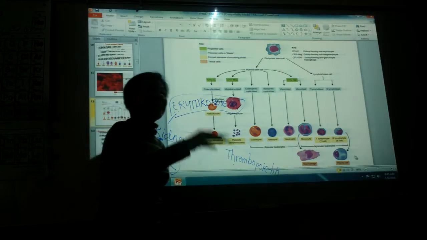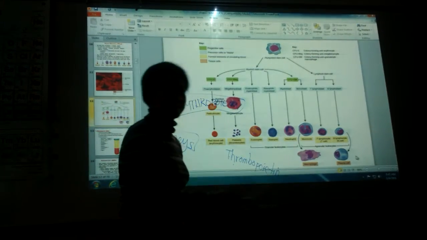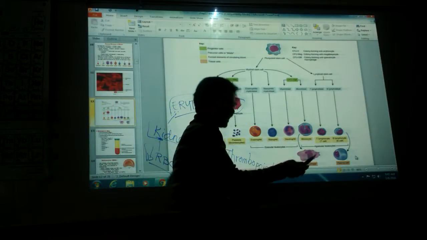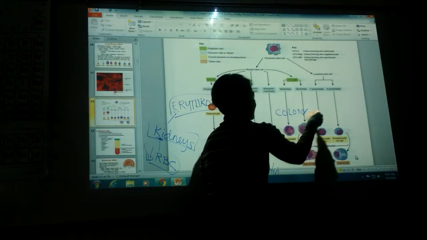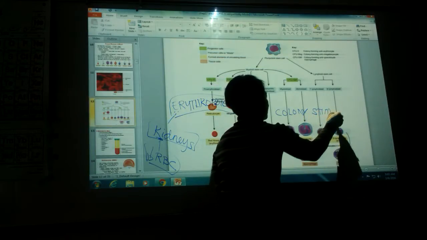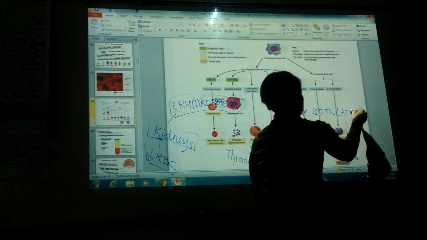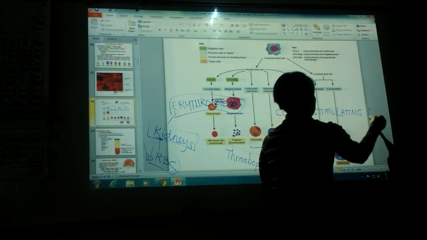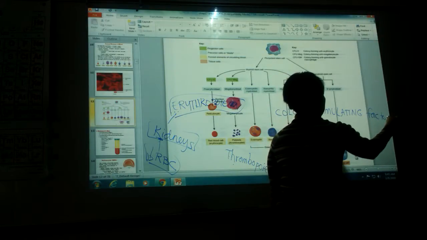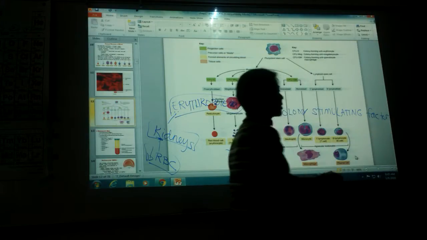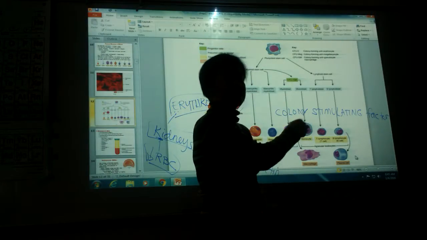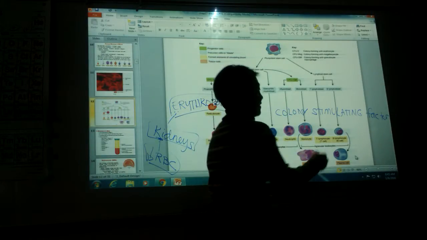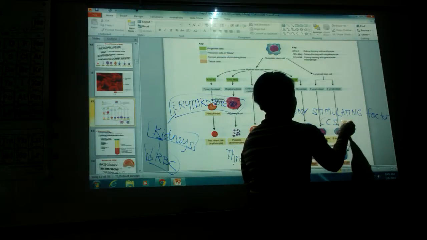So the infected cells secrete what we call colony stimulating factors. There's many other terms for this one, but I think to me this is easy. Colony stimulating factors, or CSF.